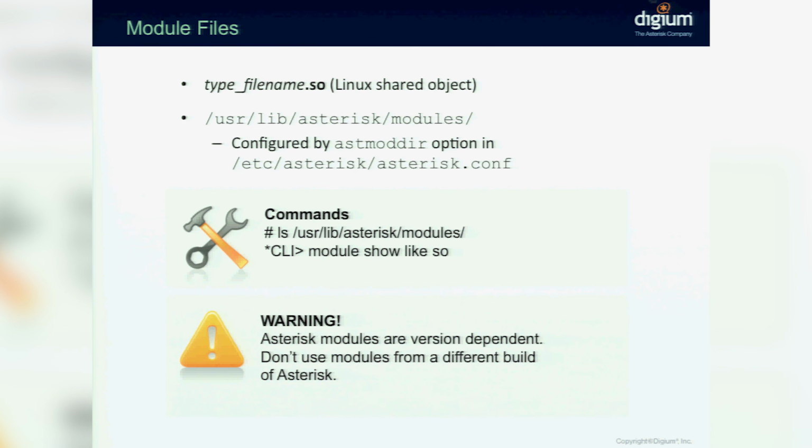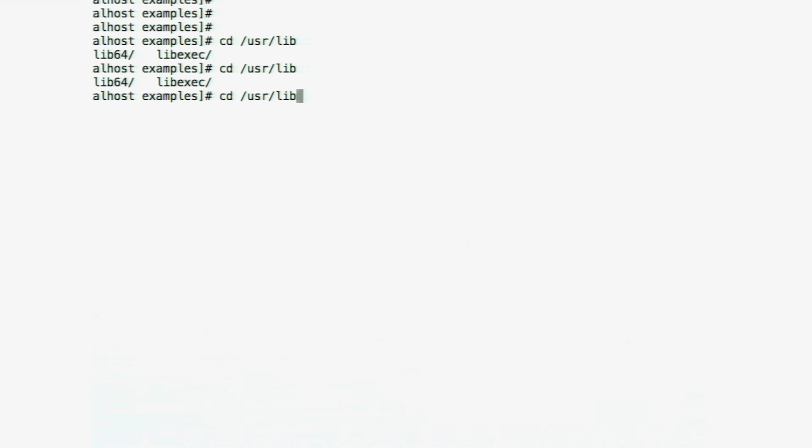Let's see if I can break the projector really quick by popping over and explaining what that was about. I'm going to change directory into usr/lib. I'm just going to bump that tab key because tab complete is awesome. I have a couple of options here. I could go into lib or lib64, right?